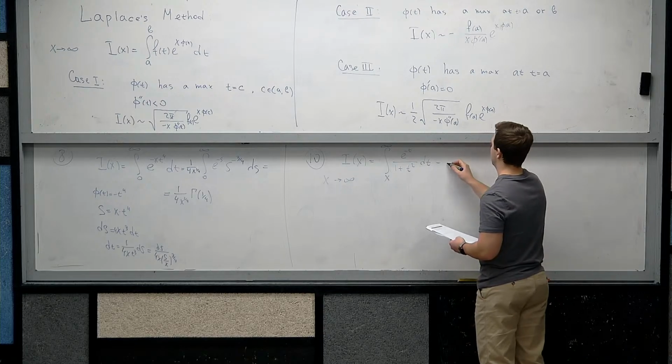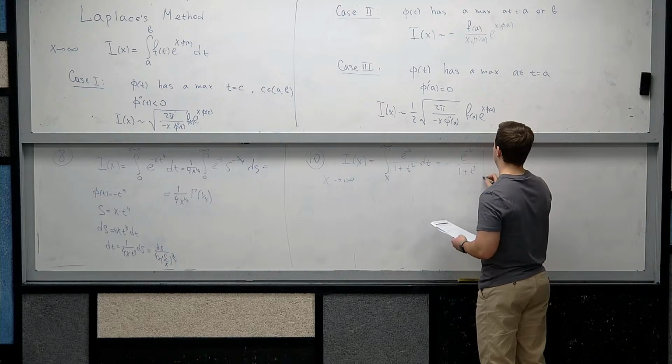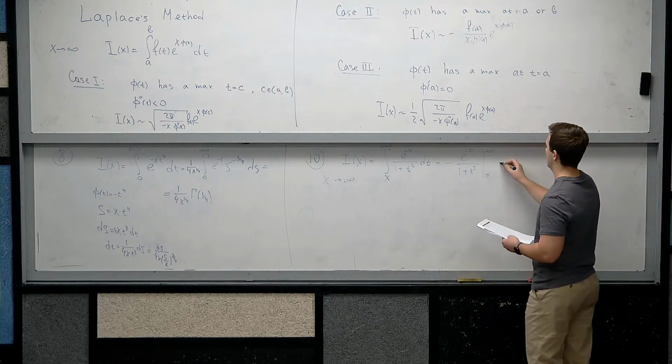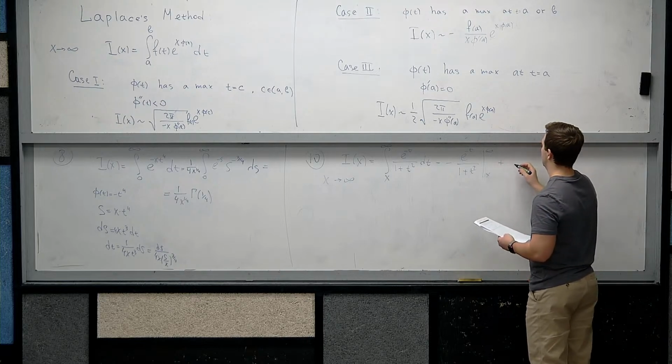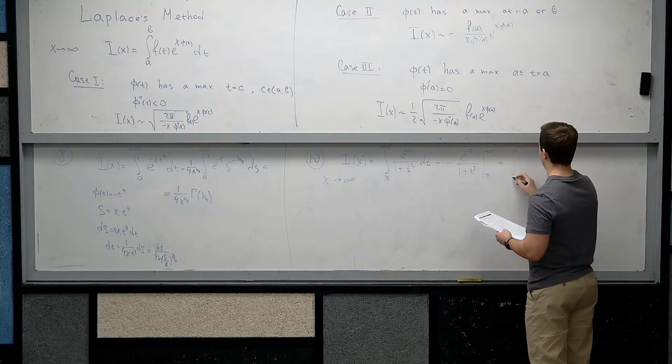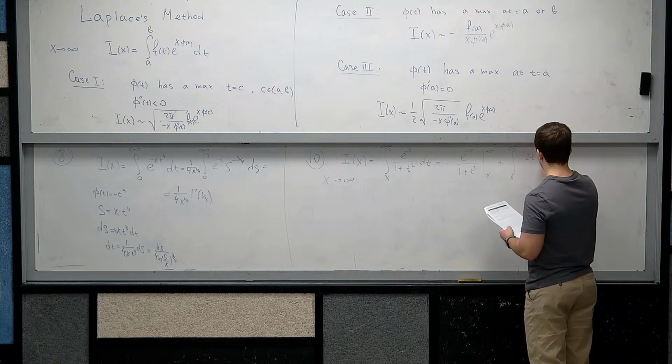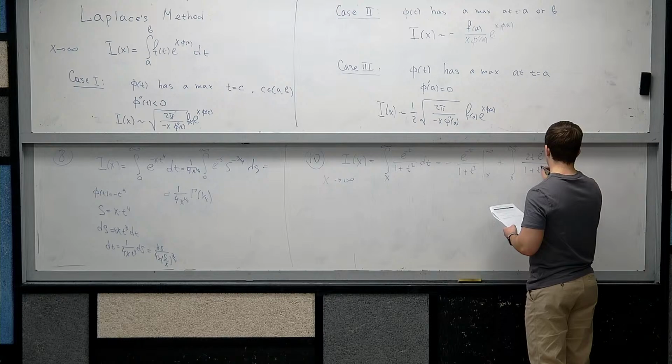Okay. So it's minus e to the minus t over 1 plus t squared, and plus the integral from x to infinity of 2t e to the minus t over 1 plus t squared, all squared, dt.